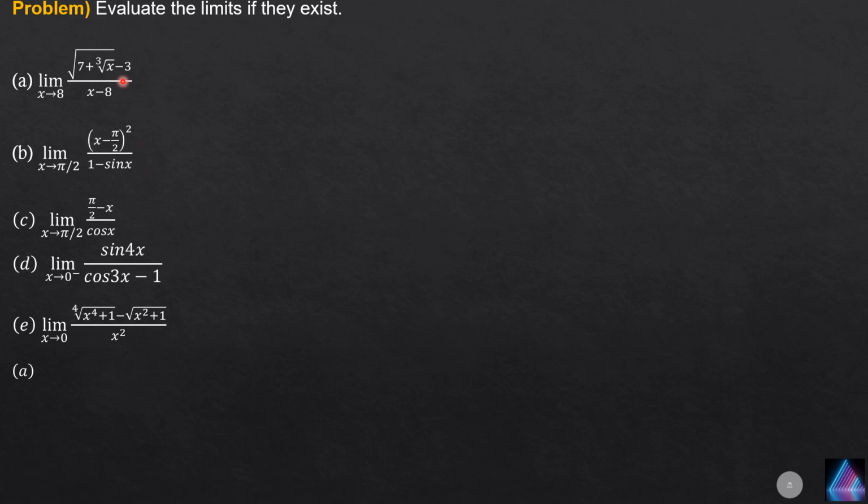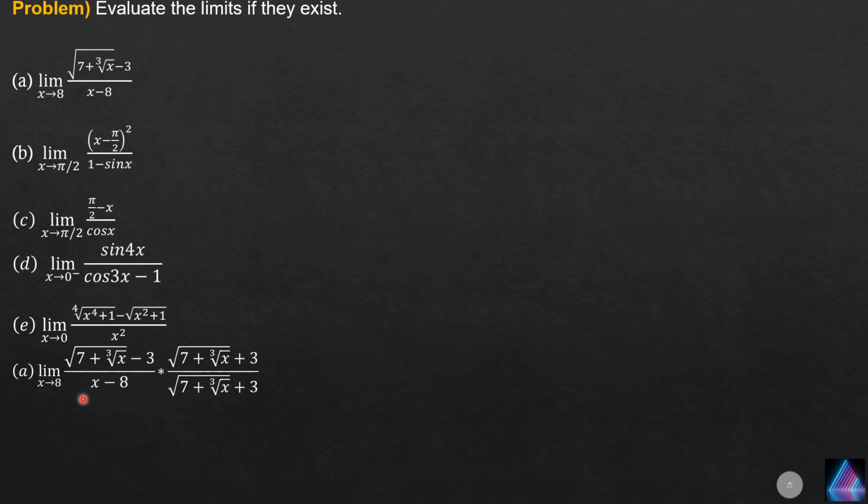So first, let's multiply everything by the conjugate of the denominator, which is square root of quantity 7 plus cube root of x plus 3, and divide the same thing. So this is difference and sum, so it's the square of the first minus square of the second.